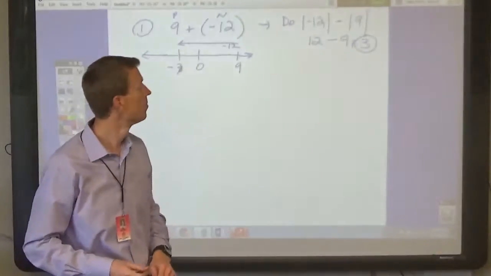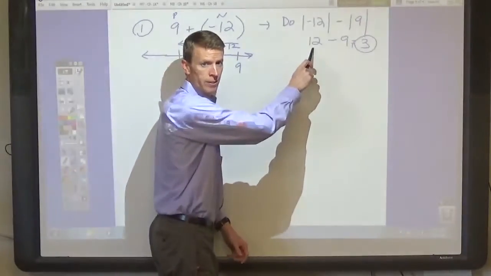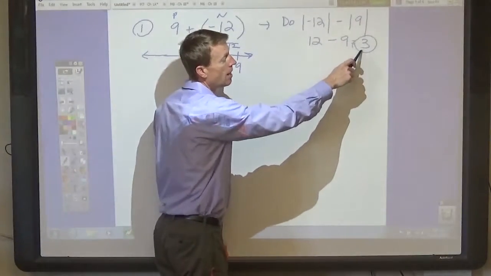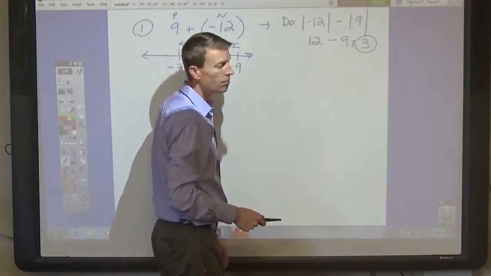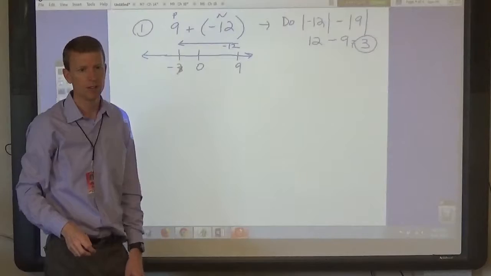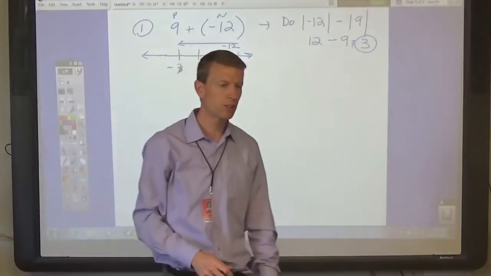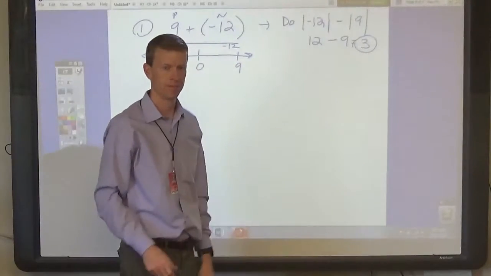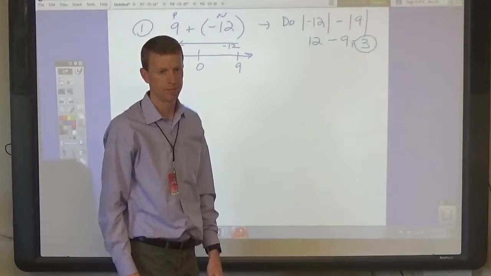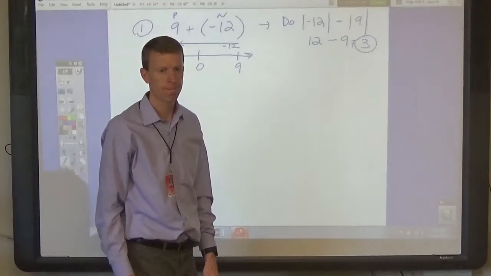Why is it 12 minus 9 at the end? Because the absolute value of negative 12 is 12, and the absolute value of 9 is 9. How come not 9 minus 12? I'm showing you how you get the difference of 3. Well, can't we just do 9 minus 12?